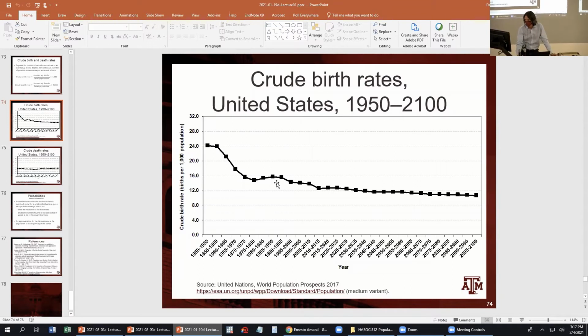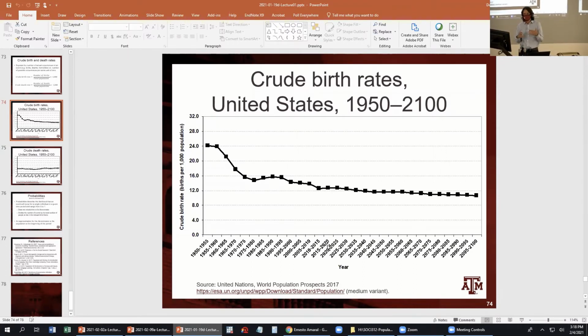That dropped to a little below 12. Looking at more current data, it's a little above 12 now. So out of 1,000 people in the US, we are producing around 12 babies in the period of 2015 to 2020. That's how you interpret it.